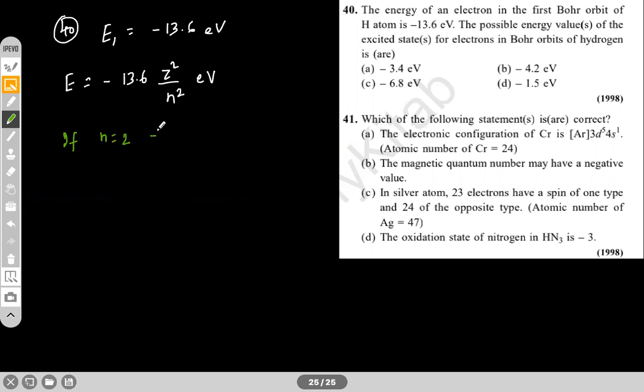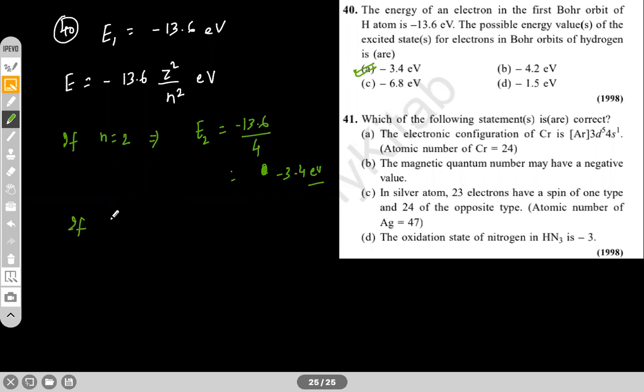If n is 2, then energy for the second orbit is minus 13.6 divided by 4. So we are getting here minus 3.4 electron volt. Okay, so this is possible.